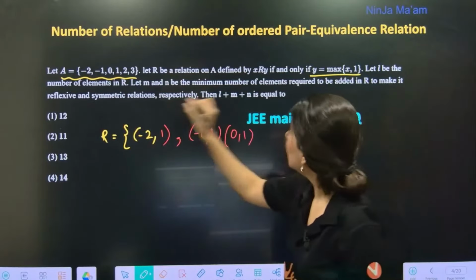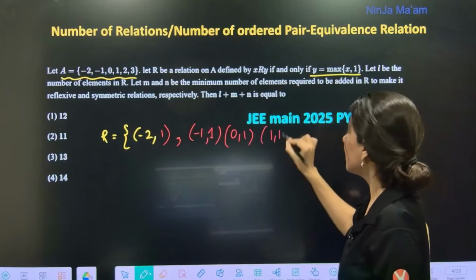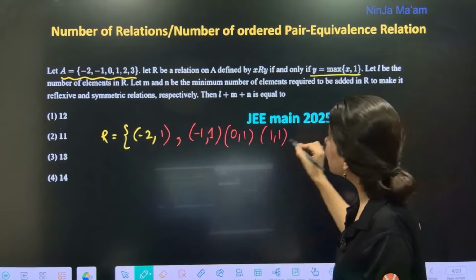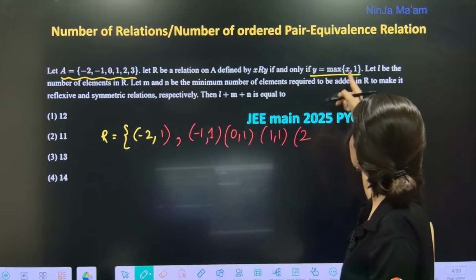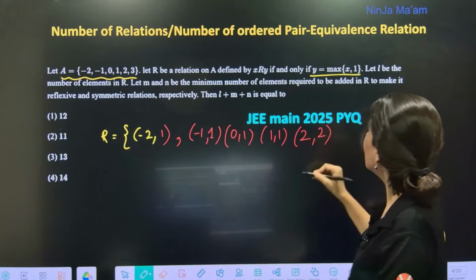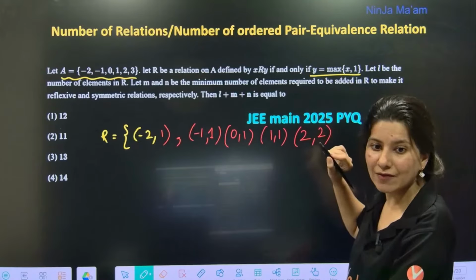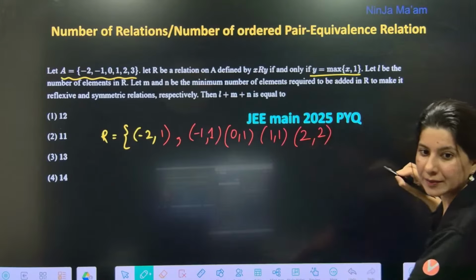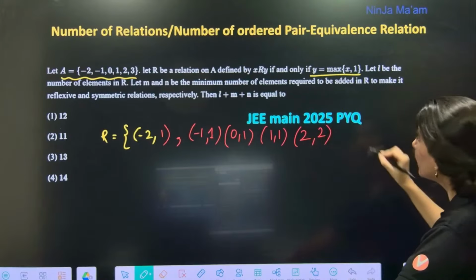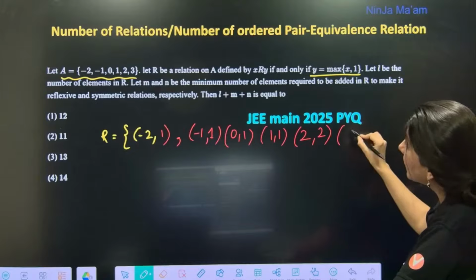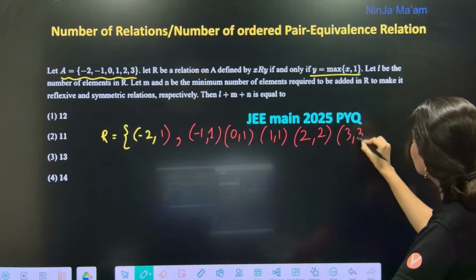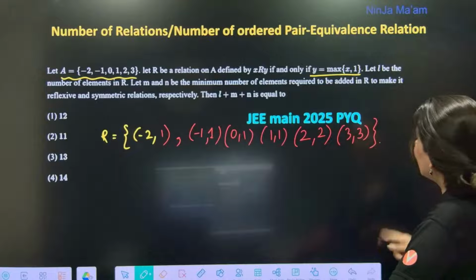Okay. And 1, 1. What is maximum? y will be 1. If x is 2, y will also be 2, because now the maximum became 2. Okay. Alright. Yes. Now 3. The moment you put 3, 3, 3.